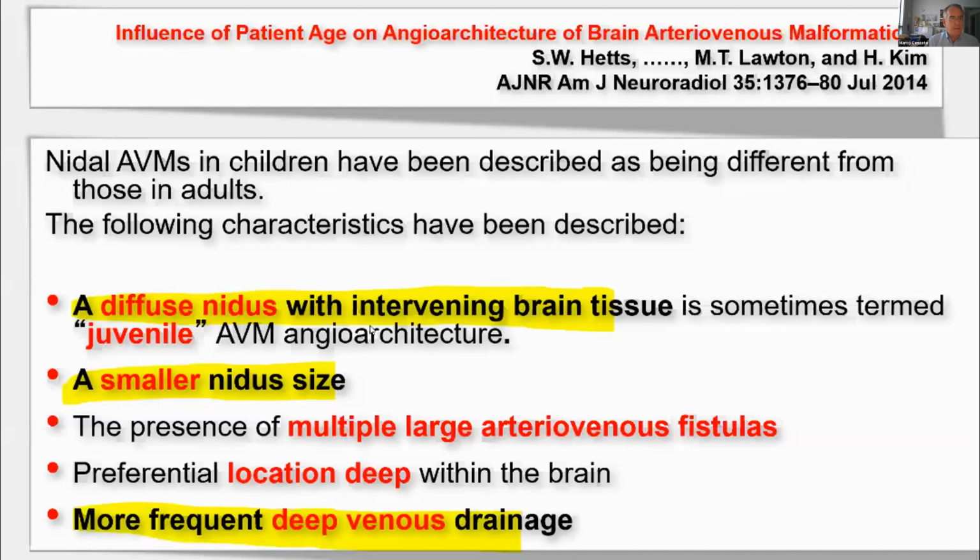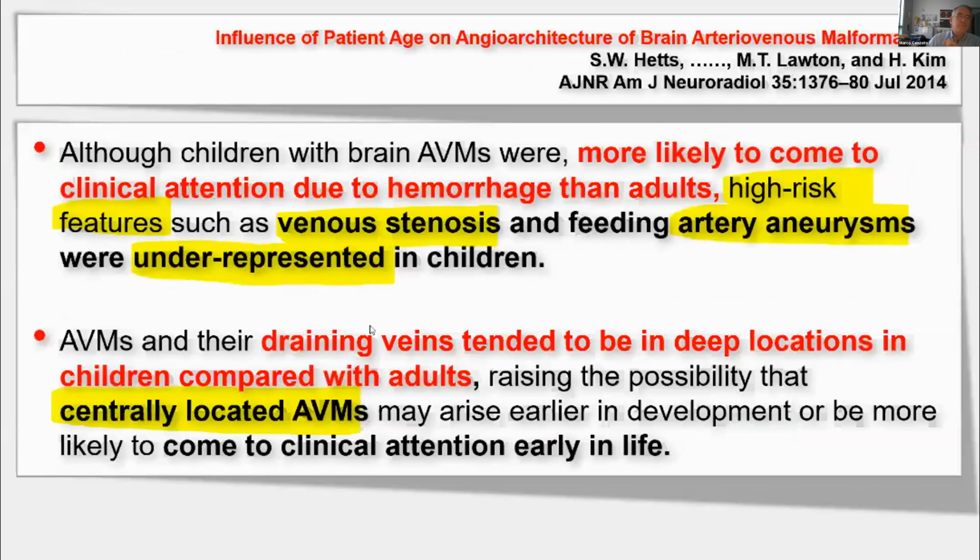So there is this term, juvenile AVM, where the nidus is less compact. They are generally smaller. They generally are deeper, and most frequently they have a deep venous drainage. They have fewer arterial aneurysms compared to the classical adult AVM.